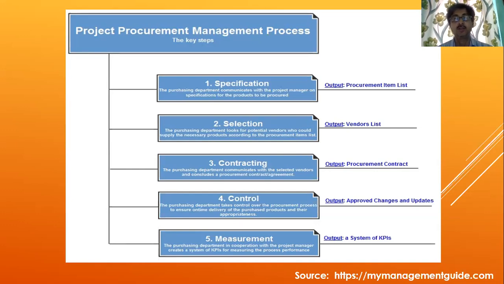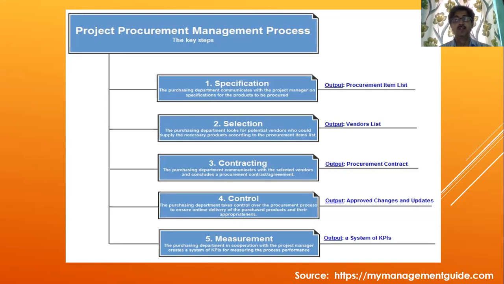If they forward the list to the purchase department, the purchase department should not be in any trouble while procuring the items, because their job is just to get the quotation and procure, but the item specification is to be given by the project team. So the project item list must be prepared very nicely. All specifications and all updated information should be incorporated. So this is the first step, specification.